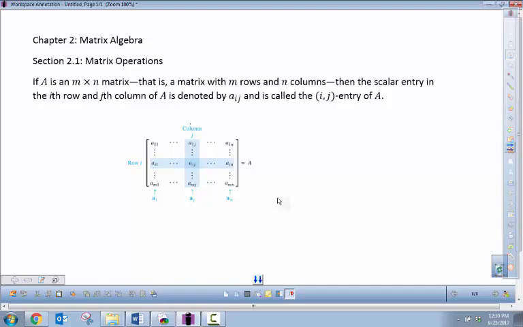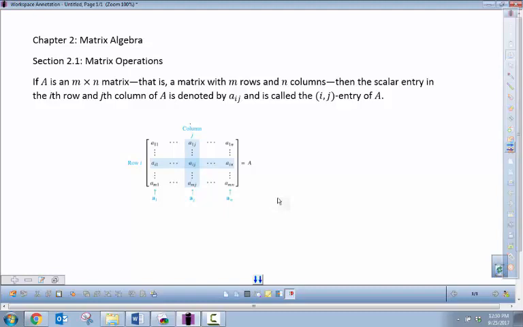So we know that vectors contain information that can be listed in a one-dimensional array. Matrices would contain information that can be listed in a two-dimensional array, and that's where we're at.